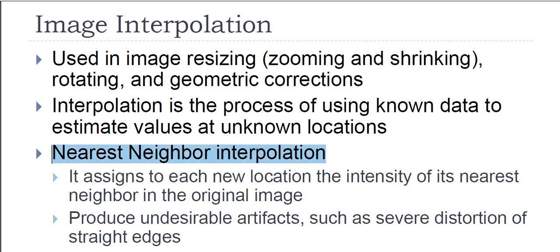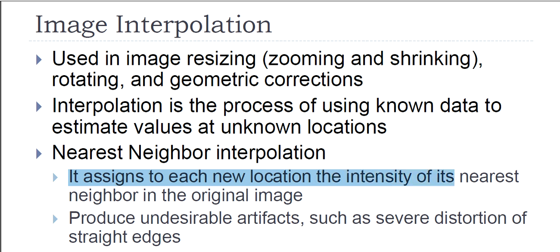Then we have different types of image interpolation techniques. One among them is nearest neighbor interpolation, which assigns to each new location the intensity of its nearest neighbor in the original image. Suppose x is the point, we may fill the x value in the x plus 1 location.